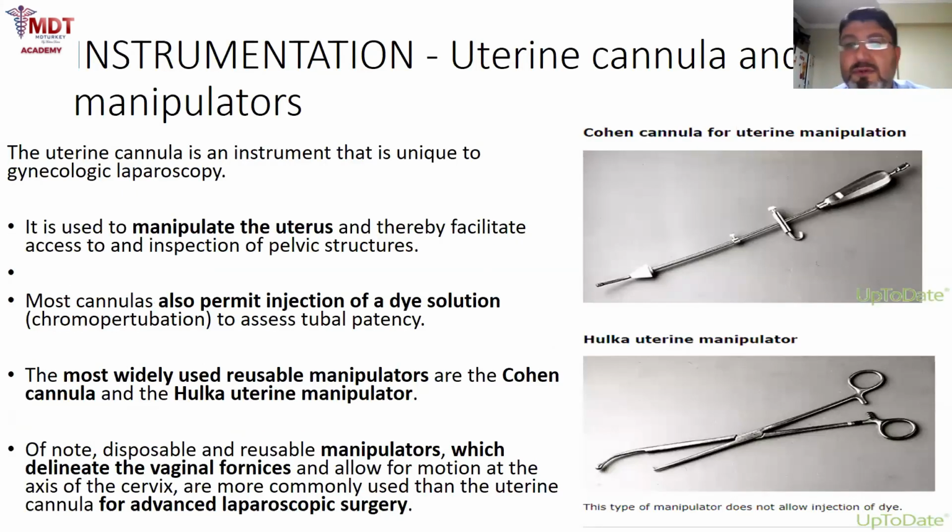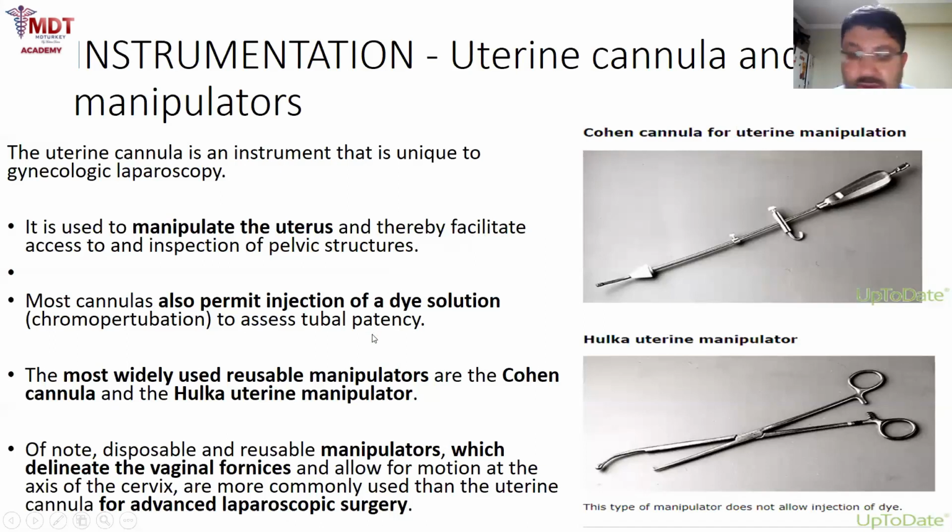Of course, we use uterine manipulators and uterine cannulas to manipulate the uterus and make the surgery easier. Most of these manipulators also permit injection of a dye solution. The most used reusable manipulators, as you see in the figure, are the Cohen cannula and the Hulka uterine manipulator. These are the simple ones.